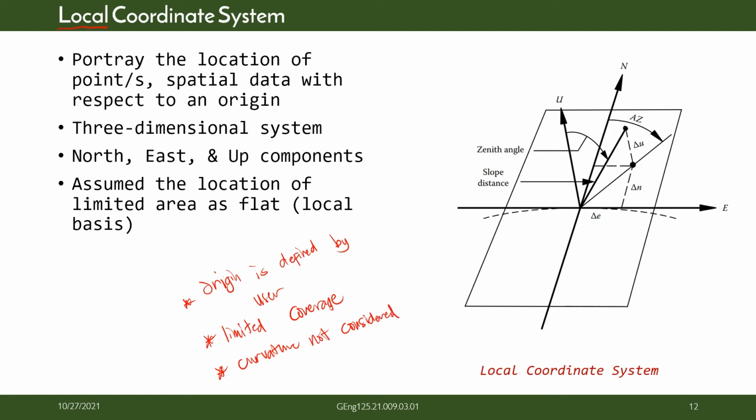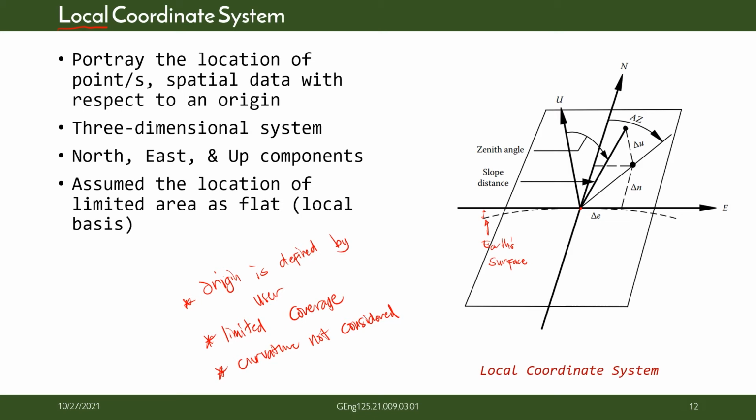So it's a planar representation of the surface, as shown in this image. As you go further from the origin, you have separation, and that will cause distortion in the data as well.